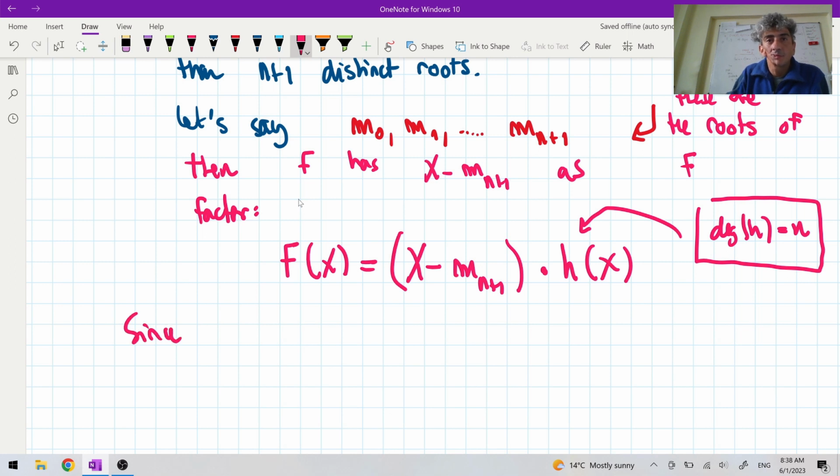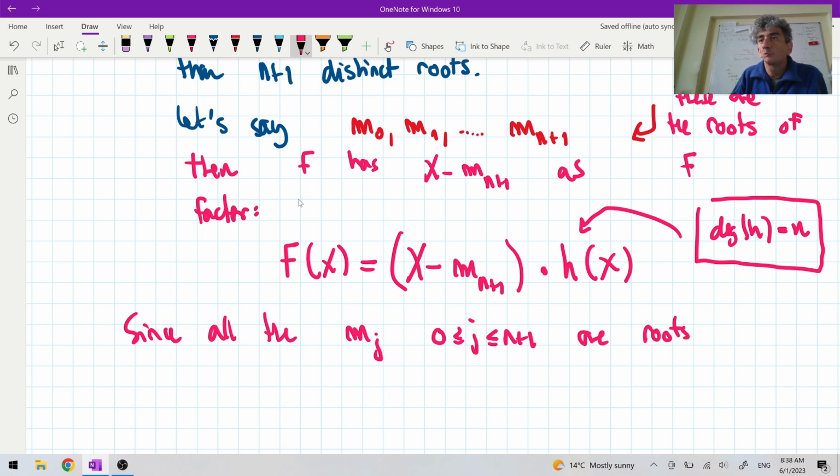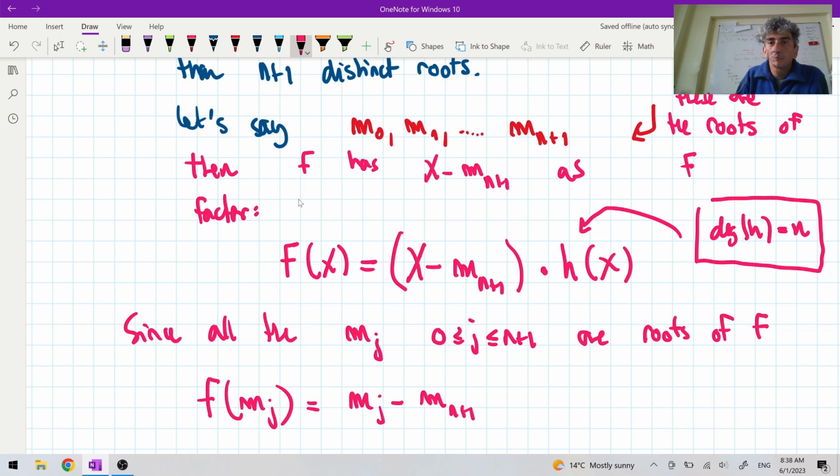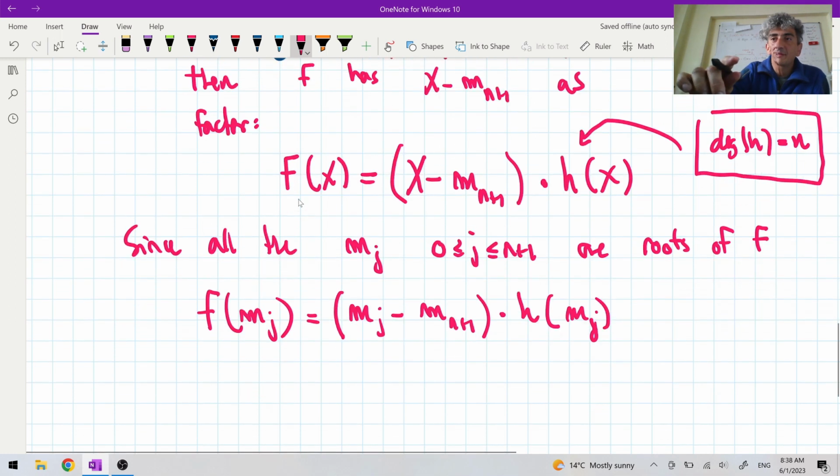Since all the m sub j's are roots of f, when we evaluate f at m sub j, what we get is m sub j minus m sub n plus 1 times h at m sub j. Right? What does this mean?